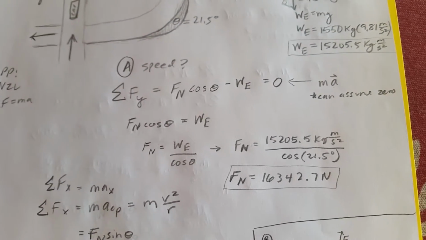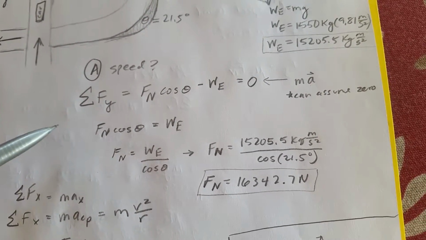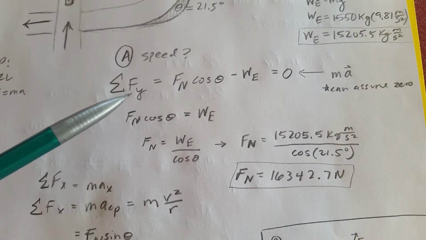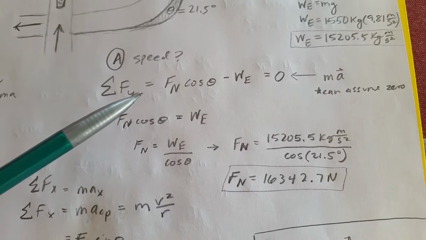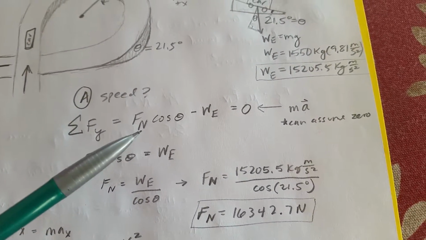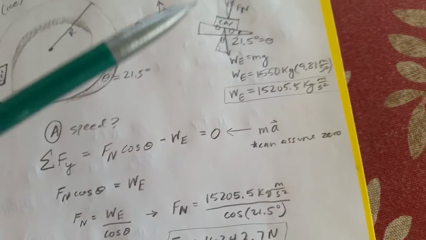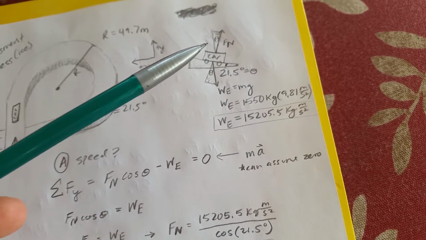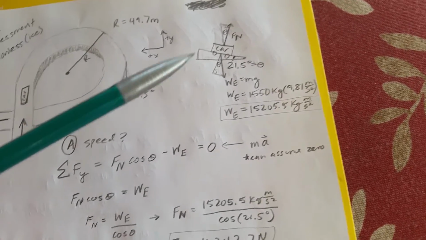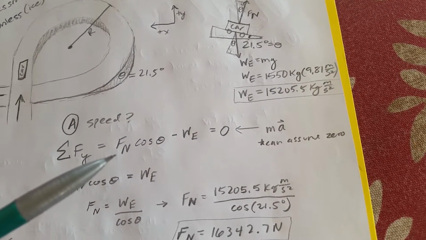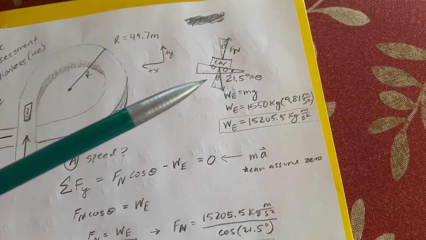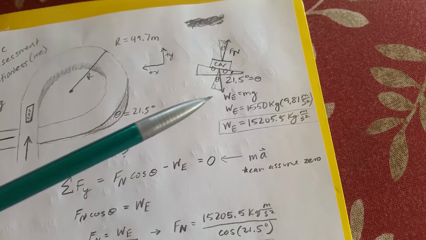If you plug those into the sum of the forces in the y direction equals ma, you get force normal cosine of the angle, the same as the 21.5 degrees, in the positive y direction, and in the negative y direction is the component of the weight of the earth.